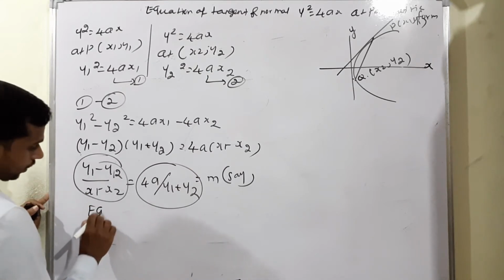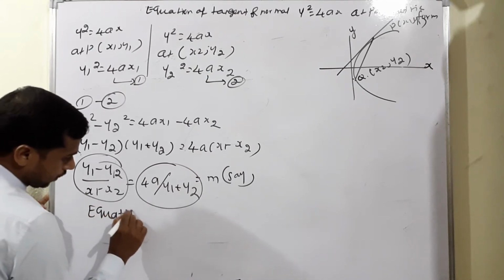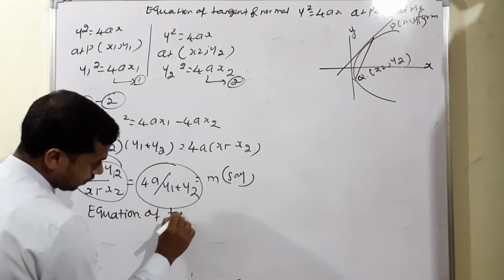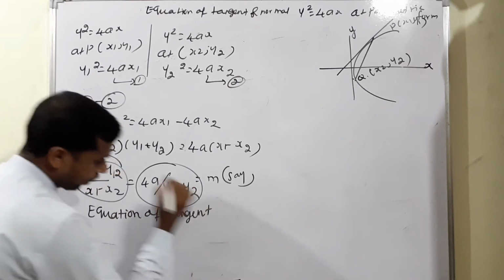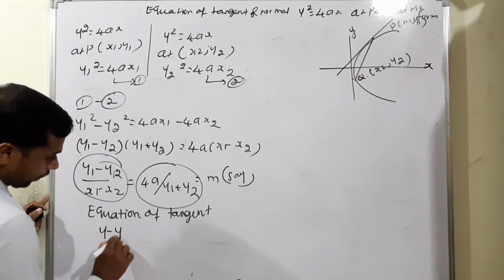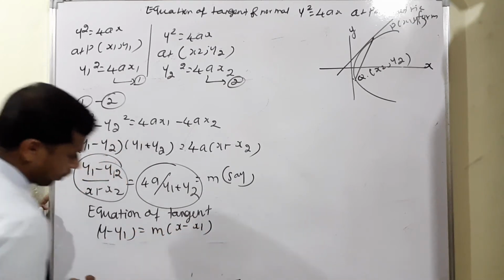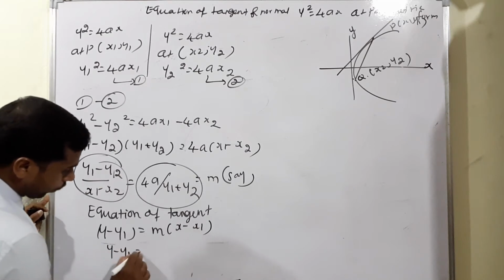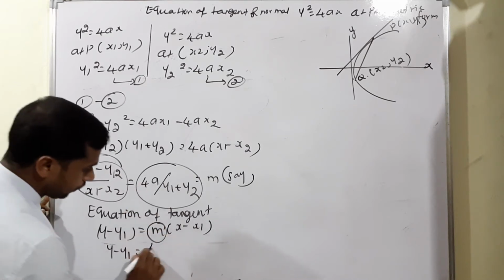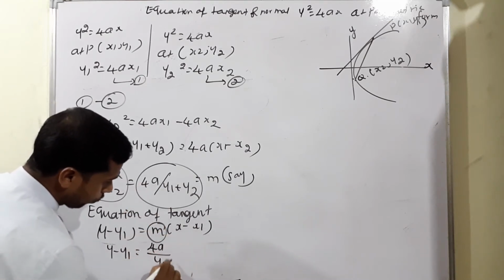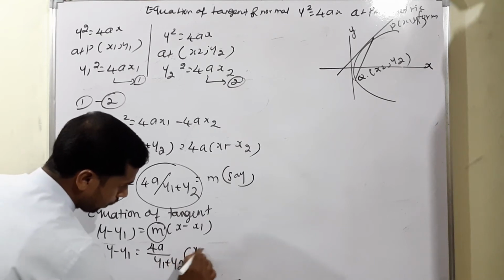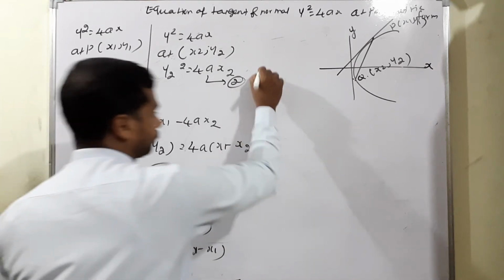The first condition is the equation of tangent. The equation of tangent is y minus y1 is equal to m into x minus x1. Therefore y minus y1 is equal to 4a divided by y1 plus y2 into x minus x1.